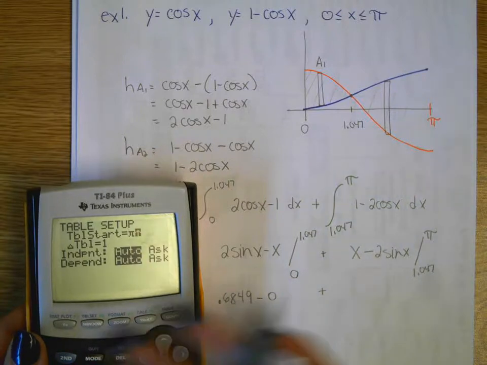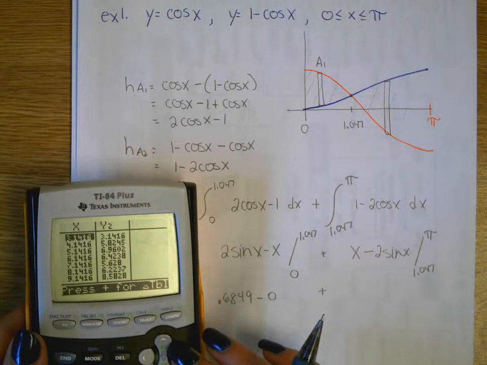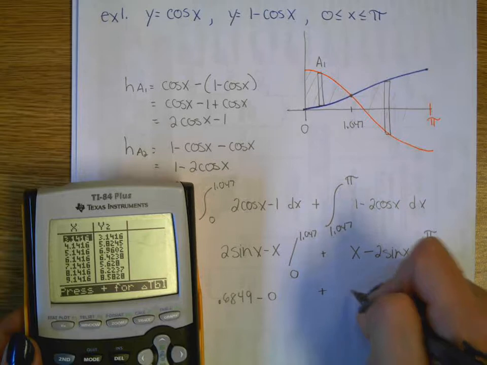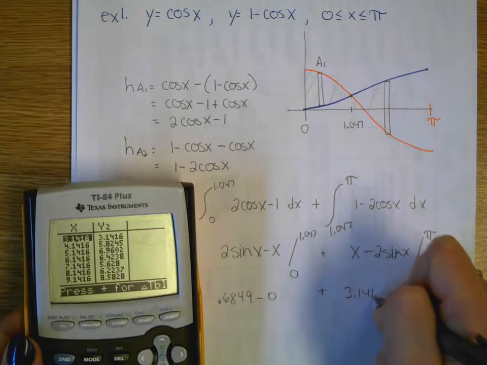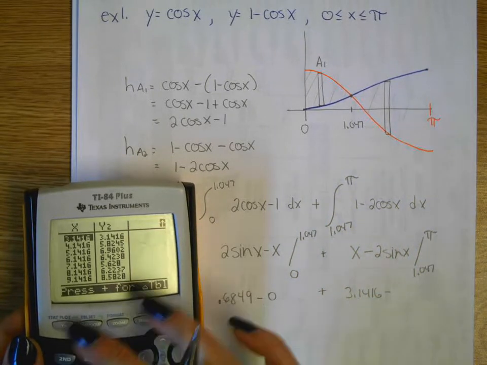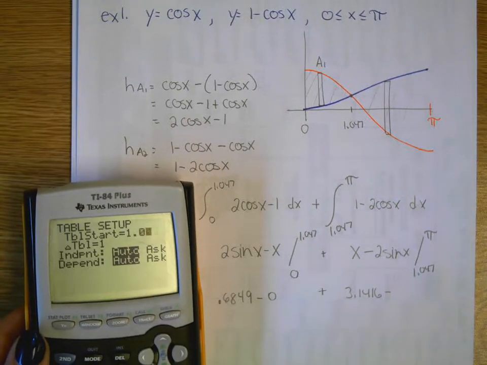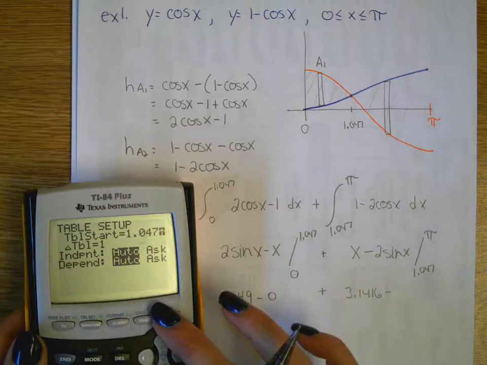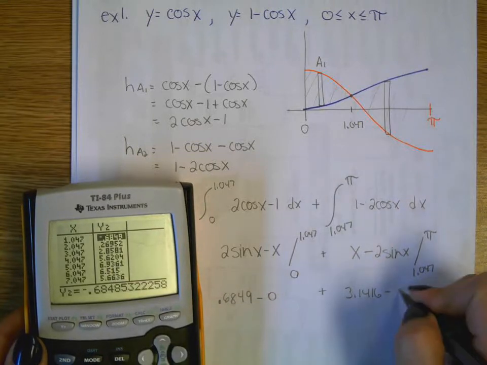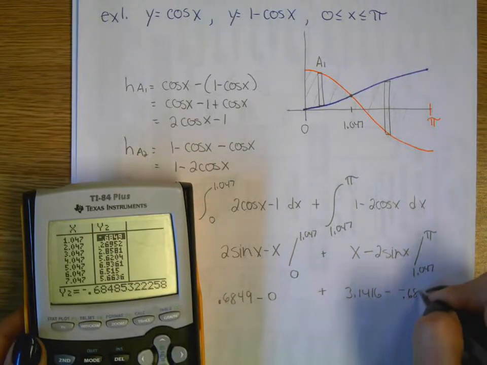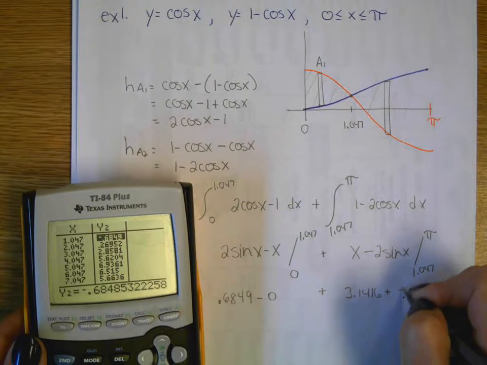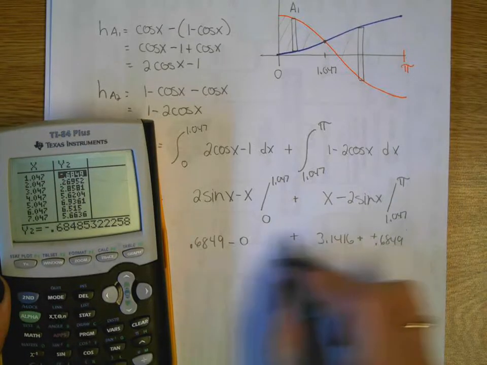Pi, 3.1416, that is pi, minus, put in that 1.047, and I get a negative 0.6849.